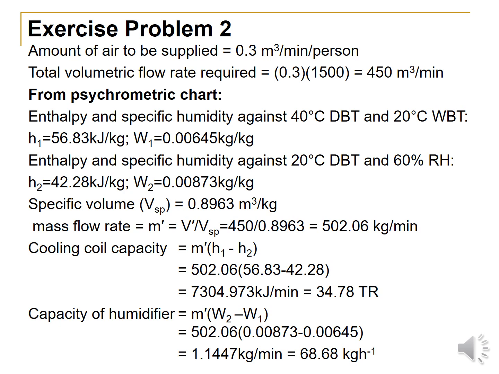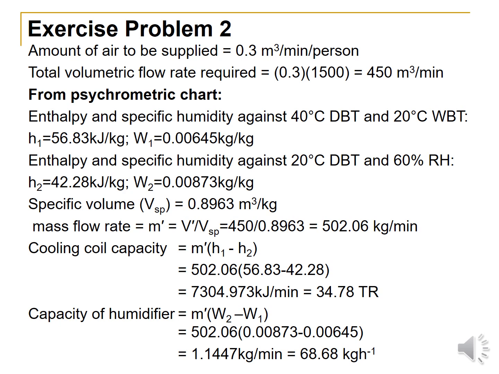Enthalpy and specific humidity against 20 degrees dry bulb temperature and 60% relative humidity: H2 is determined as 42.28 kilojoules per kg and humidity ratio W2 as 0.00873 kg per kg of dry air. The specific volume was calculated as 0.8963 cubic meters per kg.